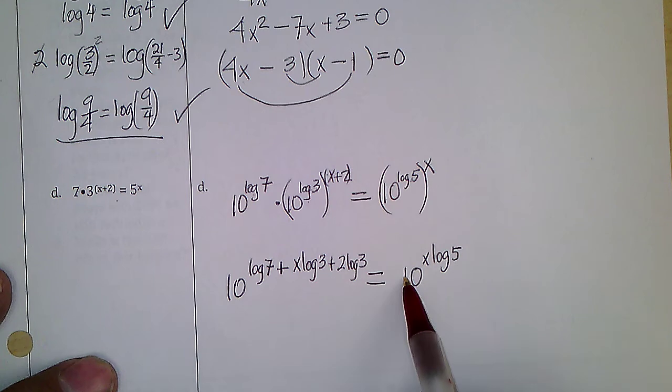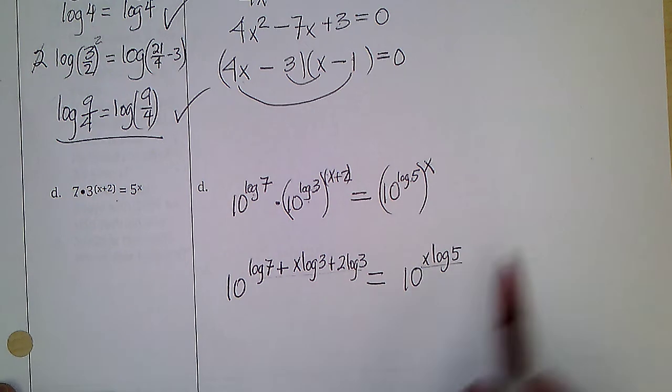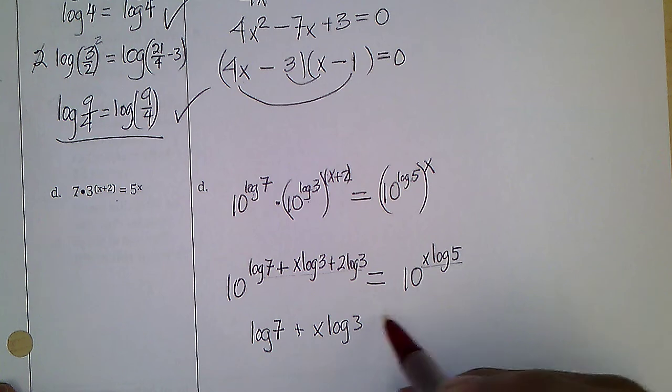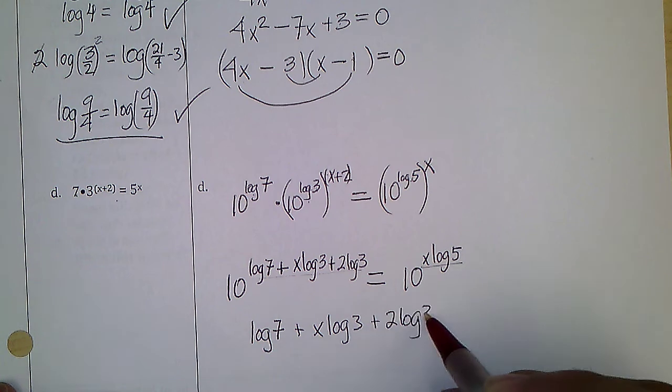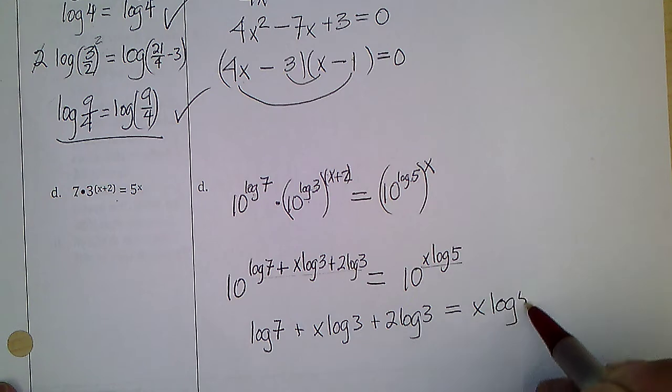Now, since they both have the same bases, the powers must be equal. So I have log of 7 plus x log of 3 plus 2 log 3 equals x log 5.